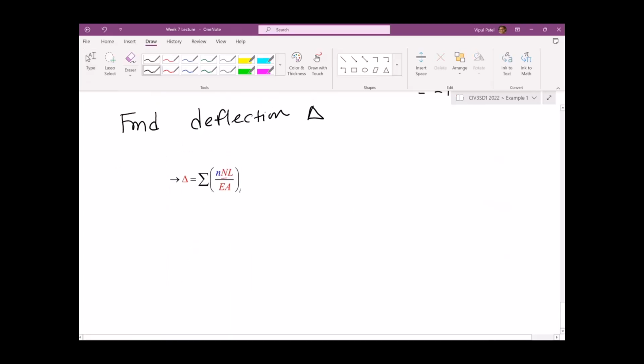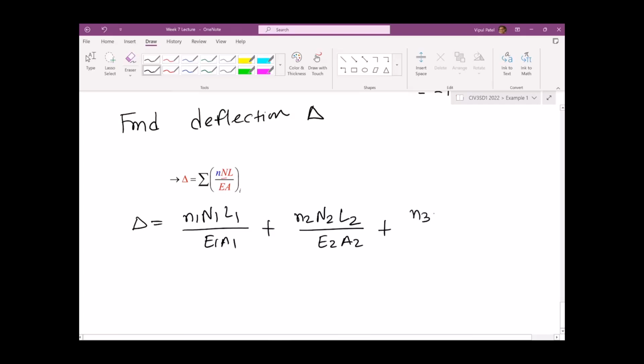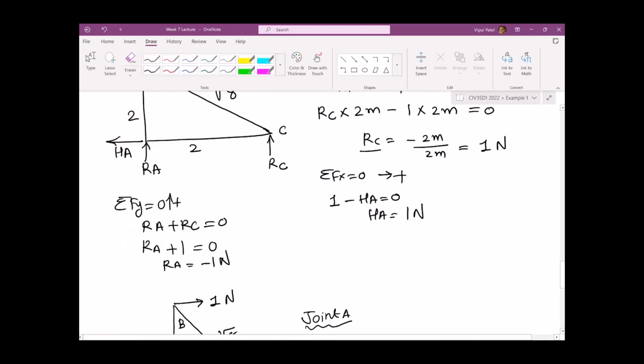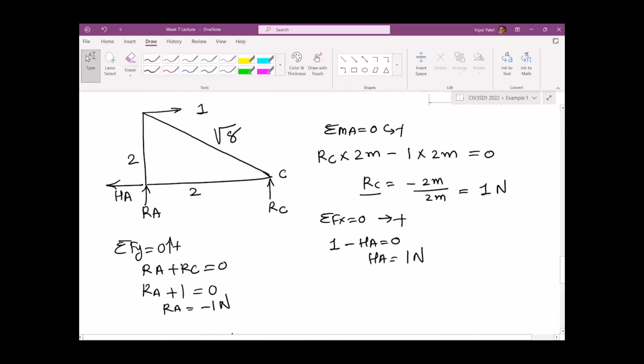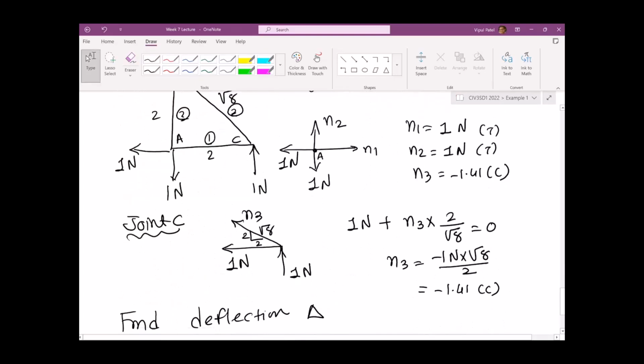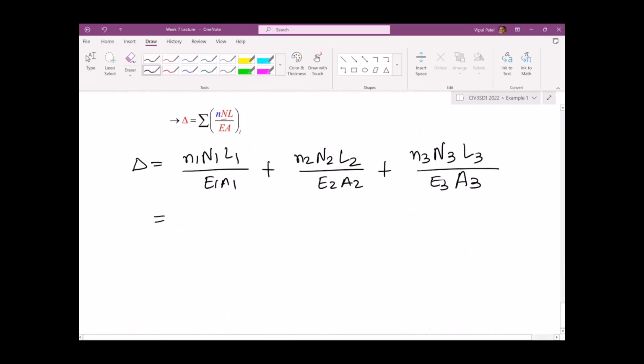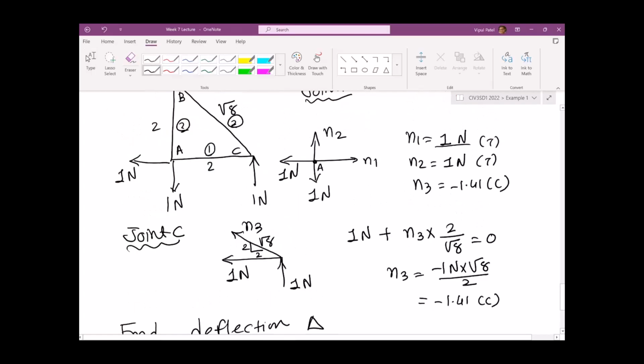So delta is equal to small n1, capital N1, L1 over E1 A1, plus n2 N2 L2 over E2 A2, plus n3 N3 L3 over E3 A3. Where is this 3 coming from? We have a total of 3 members, so three different quantities. So let's substitute the value of n1, which we calculated as 1 newton.